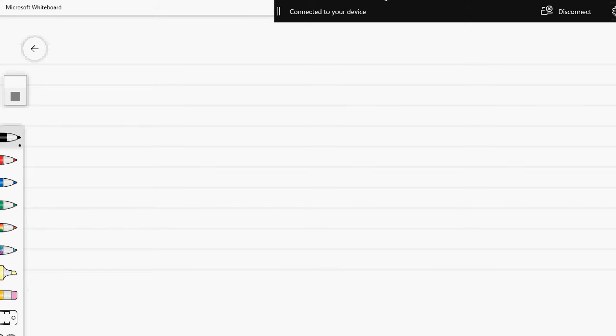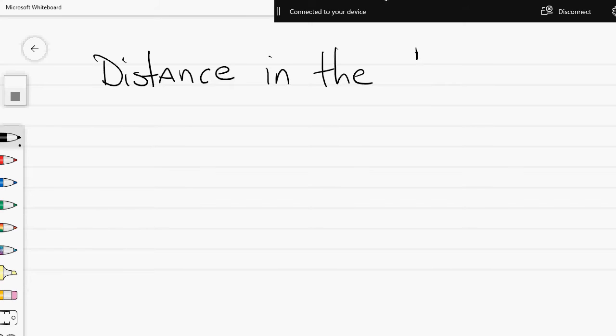Now you need the distance formula on a coordinate plane. And we're going to call it distance in the coordinate plane. Okay, so the distance between 2 points.